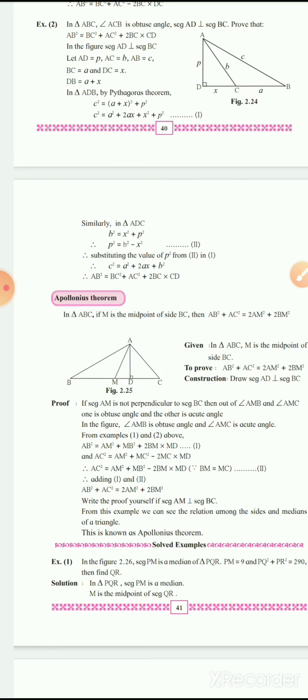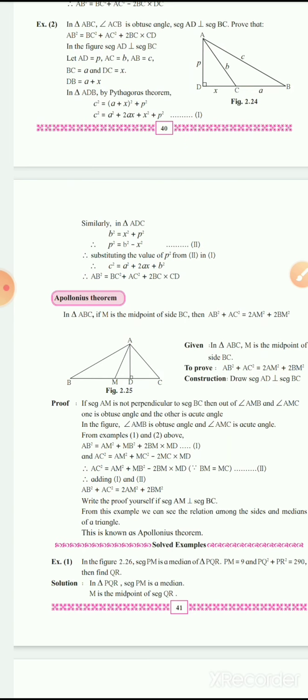This is Apollonius theorem, which is important while solving the examples in our practice set 2.2 and also for our problem set 2.